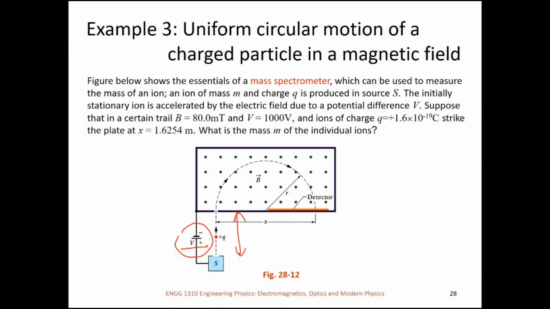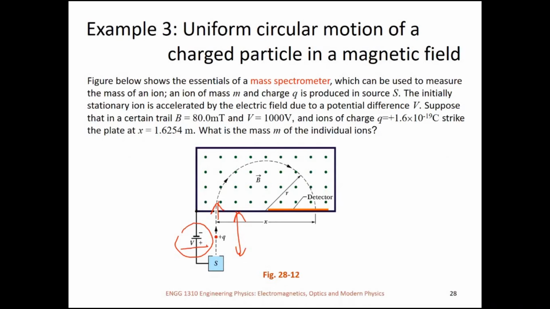If negative ion, you should probably flip over the battery, right? Anyway, it is accelerated to a certain velocity and then enters the B field that is perpendicular to that.